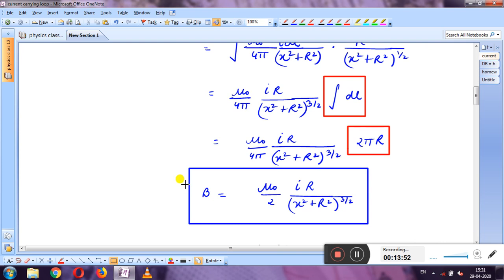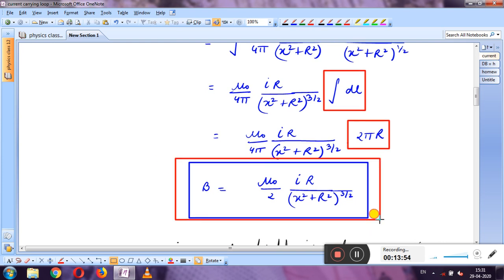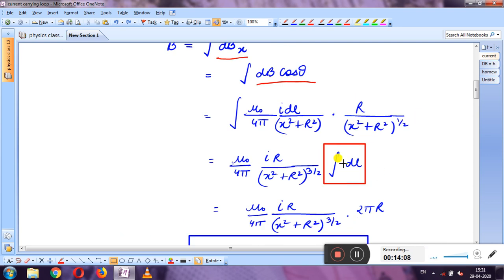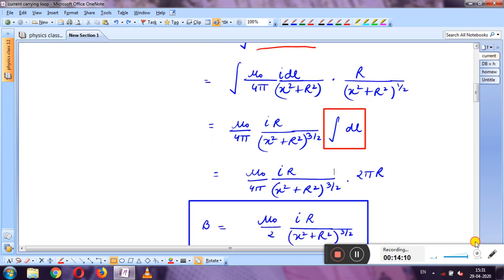After solving this you will get the magnetic field formula due to a circular current carrying loop. It will be mu naught upon 2, I r square upon x square plus r square whole to the power 3 by 2. Like that you will get the magnetic field at point P, which is at a distance x from the center of the loop.